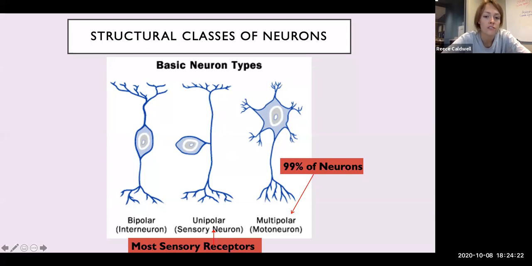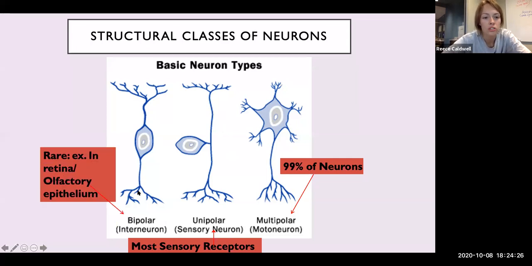We have a bundle of sensory receptors that we'll look at. And then lastly, we have the bipolar neurons. These are extremely rare. They're mostly found in the retina of the eye and in the epithelial tissue of the nose, but very rare. And again, y'all do not need to know these. They're just in case you hear them in lecture.